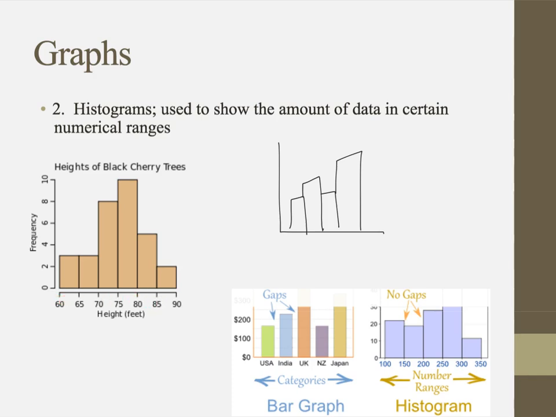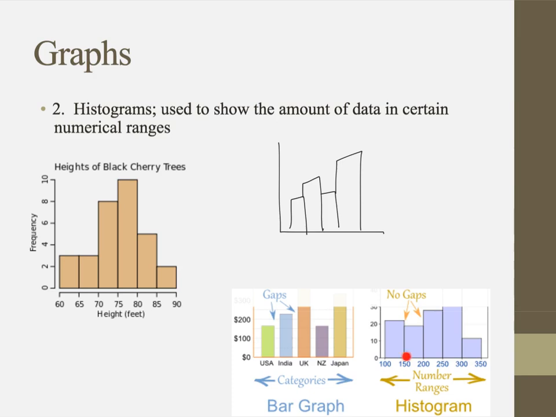Instead of the last bar graph that had smoking, car accidents, cancer, whatever, histograms show the number of values, or the frequency, that fall between 2 ranges, so between 60 and 65, 65 and 70. Because those ranges are continuous, those bars touch each other.